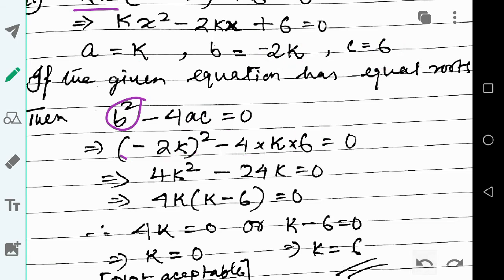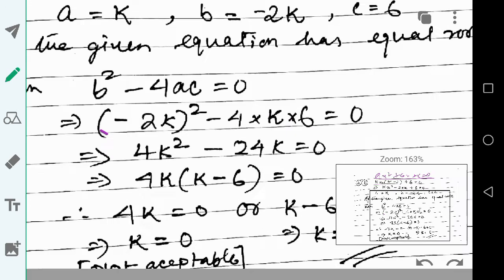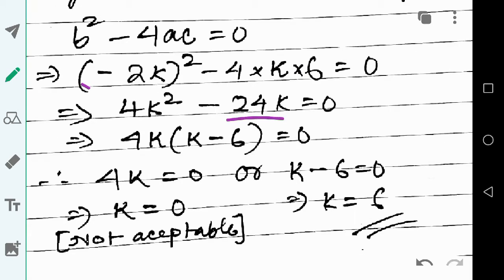Now minus twice k whole square is 4k square, then 4 times 6 is 24, and k is there, minus 24k here, and we can take 4k common from both. 4k into k is 4k square, then 4k into 6 is 24k.